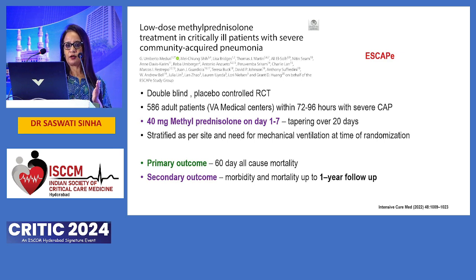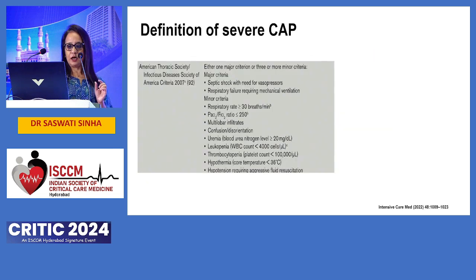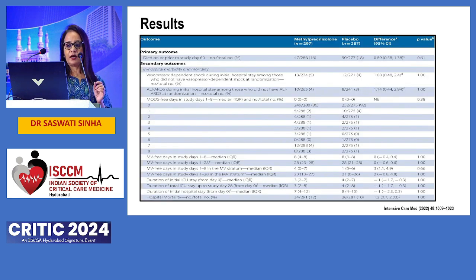And they tapered the steroid over a prolonged period of time, so over 20 days. And the primary outcome they looked at was 60 days all-cause mortality. And they not only looked at the short-term outcomes, but they also followed up the patients for 1 year. They defined severe CAP according to the ATS-IDSA criteria.